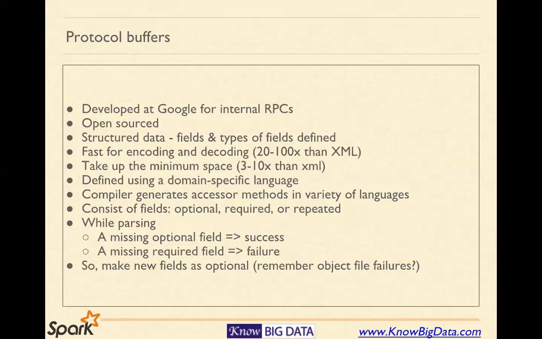Again, as I was describing to you, the protocol buffer kind of formats are used for saving data such that you can keep the data compatible for future versions. Okay.